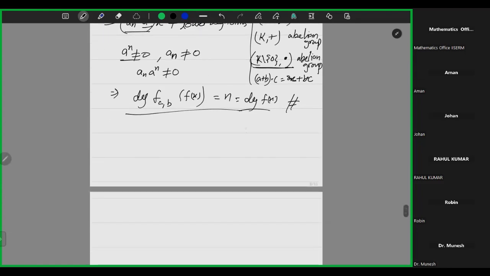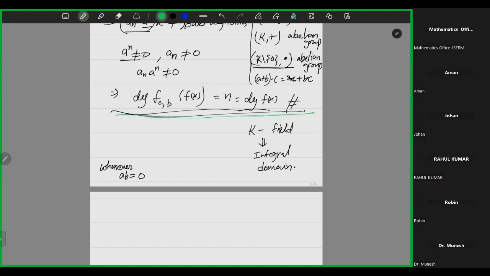In the classroom, if you carefully listen, fields are integral domains. A is a field implies integral domain, but not the converse. Integral domain means whenever ab is zero, either a is zero or b is zero.